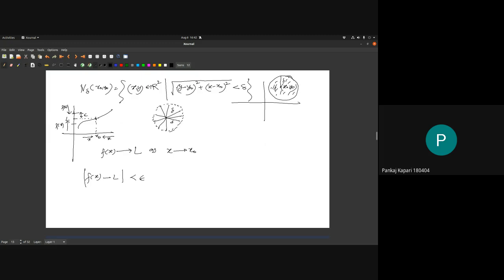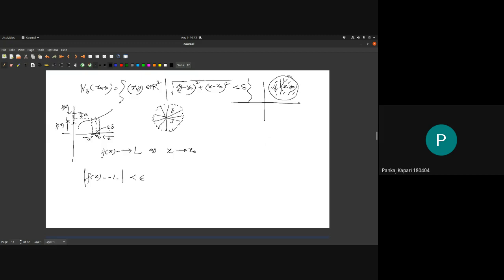So this length is epsilon, and we are saying that for every such epsilon, every such interval, we will have some delta interval here. This delta. So this length is 2 delta. Okay, such that whenever you take values of x from this delta interval, your values of f(x) lie in this epsilon interval. Okay, note that this epsilon is arbitrary and delta depends on epsilon.